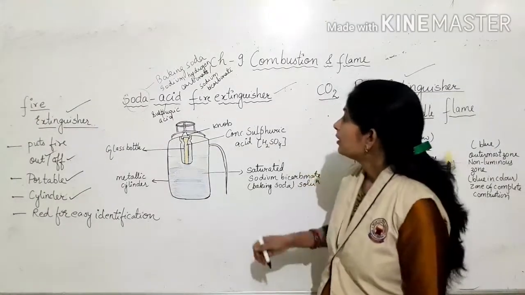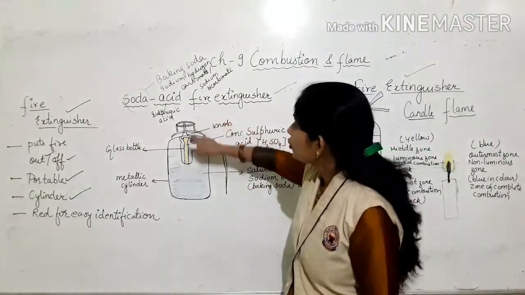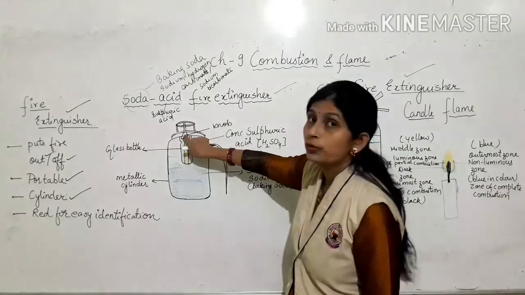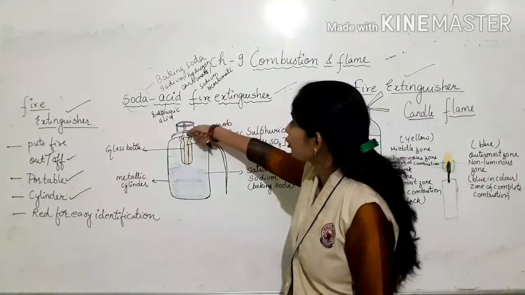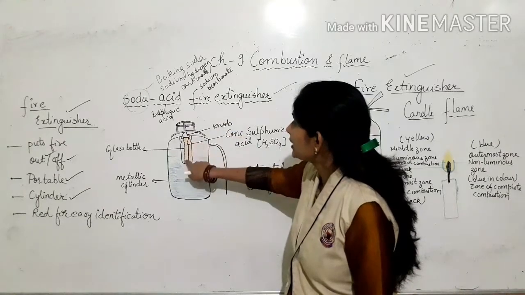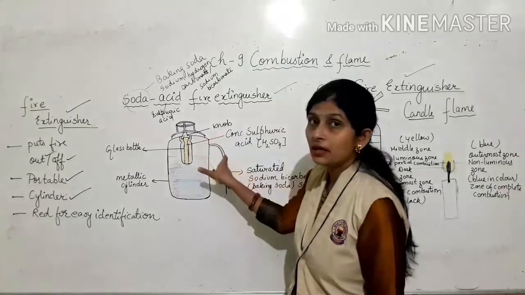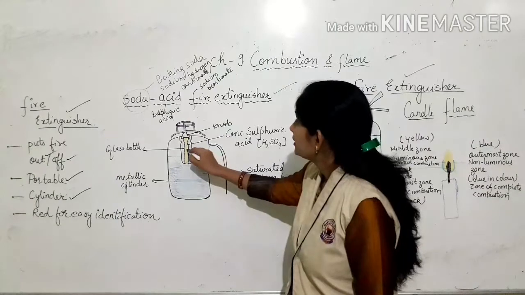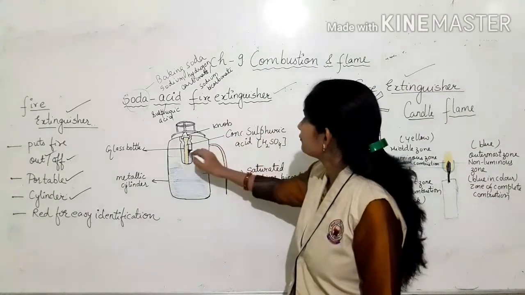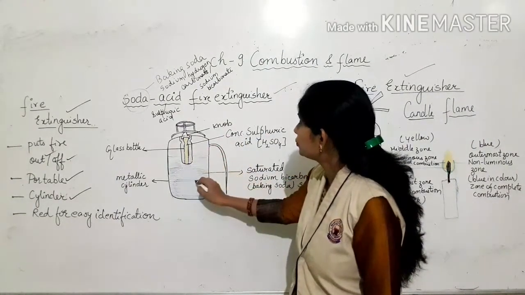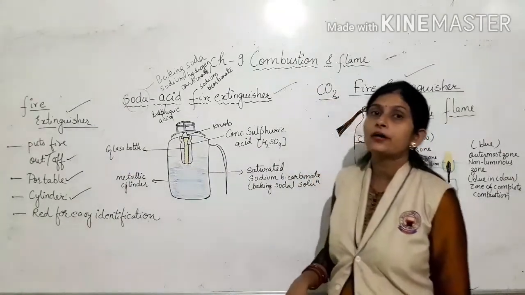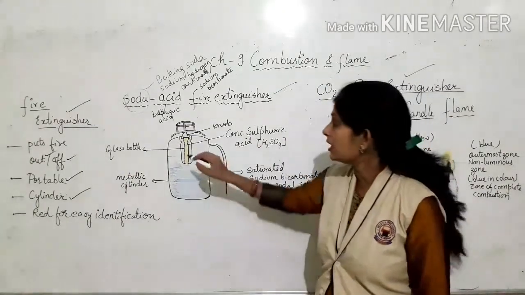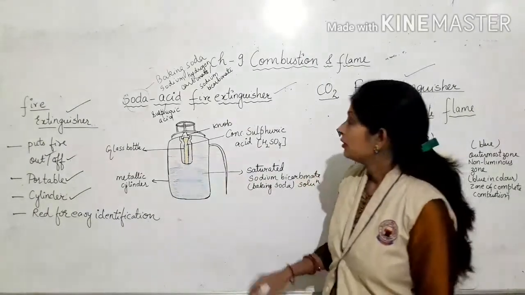Now, when this knob here is struck off, then this glass bottle breaks down and its concentrated sulfuric acid is mixed into sodium bicarbonate or sodium hydrogen carbonate or baking soda solution.